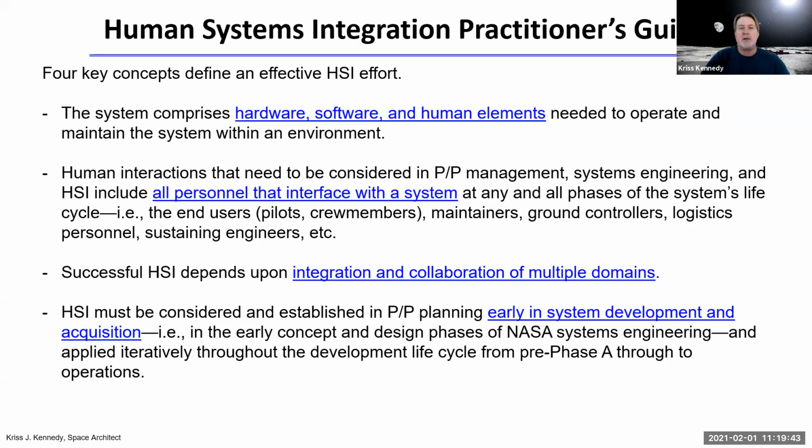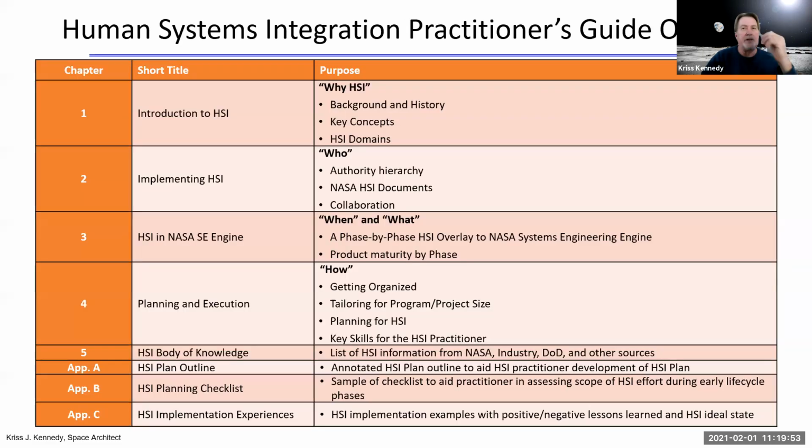And HSI must consider and establish this in the program and project planning guide early in the system development and acquisition. So here's the guide outline. You have chapter 1, which is introduction to human system integration. It's kind of the why, the background, the key concepts and domains.